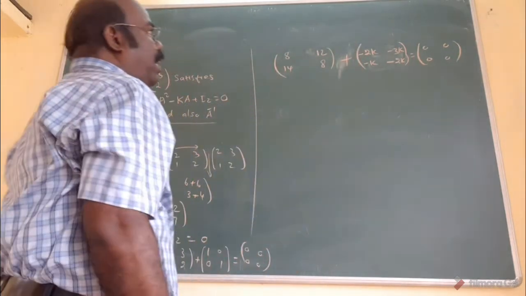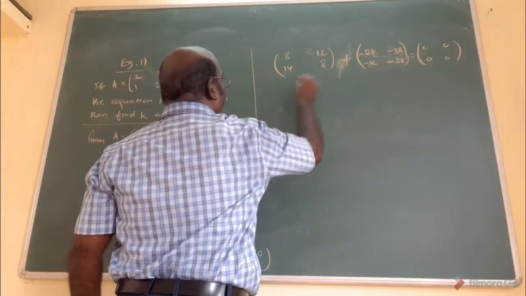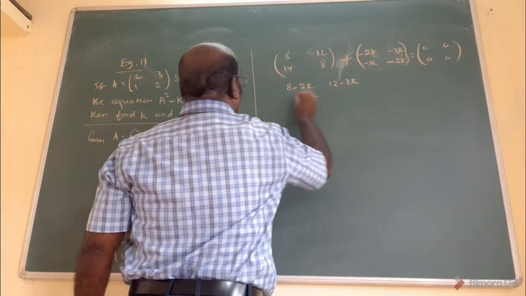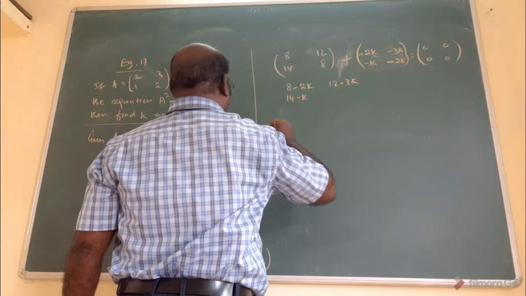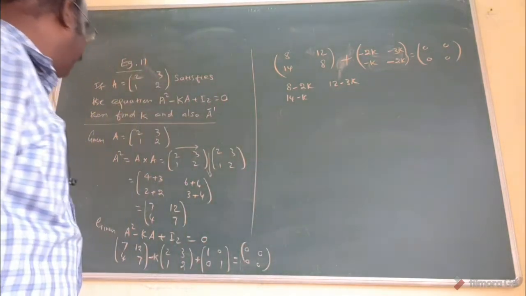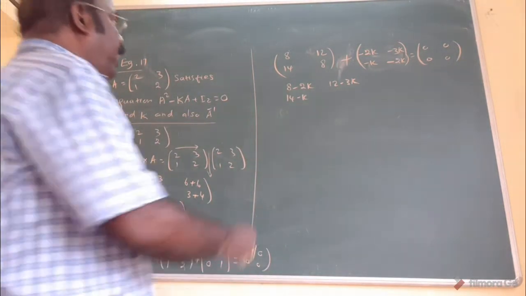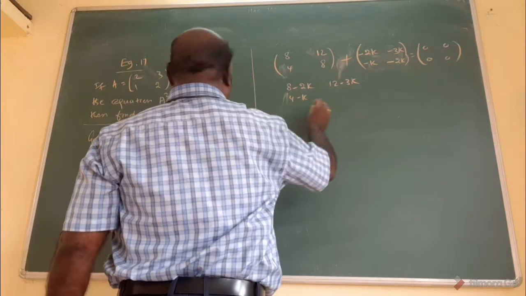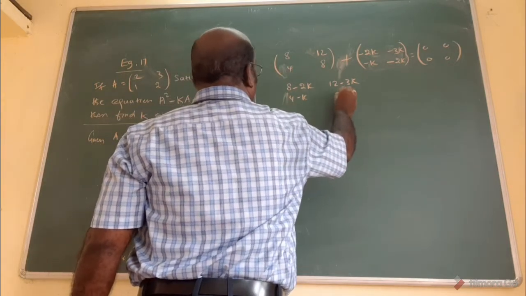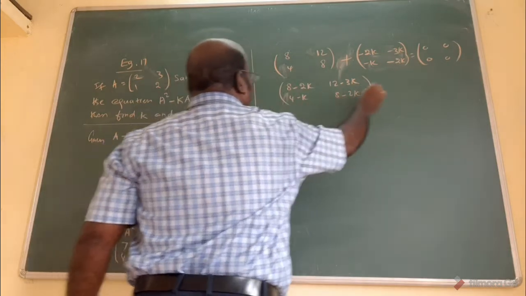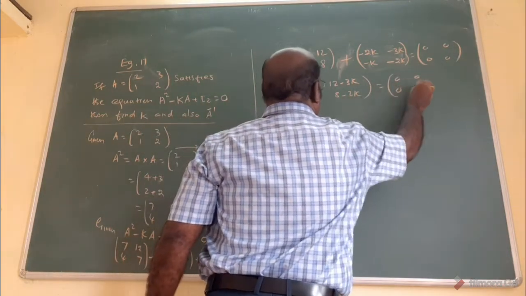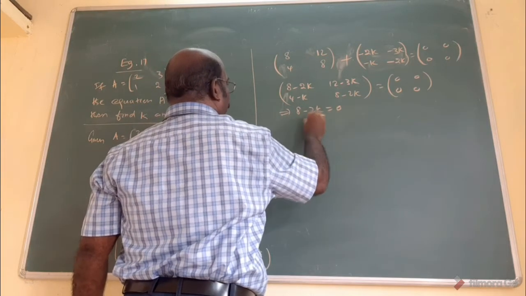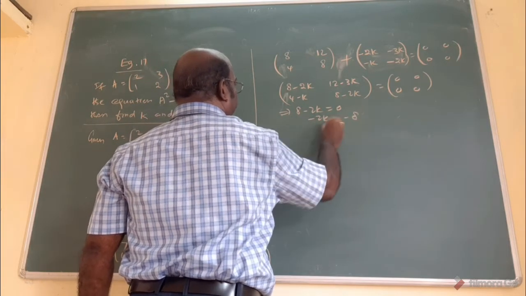Okay? Now, corresponding answers should be added. 8 minus 2K, 12 minus 3K, 4 minus K. Last one is 8 minus 2K equal to 0. Now only equating the corresponding elements. 8 minus 2K equal to 0, minus 2K equal to minus 8, K equal to 4.